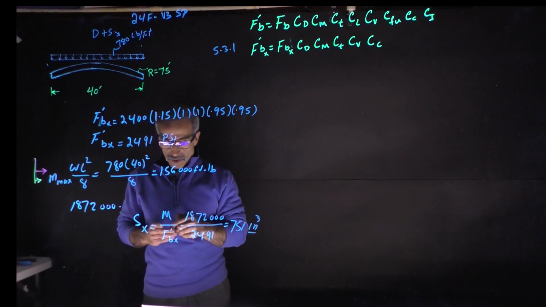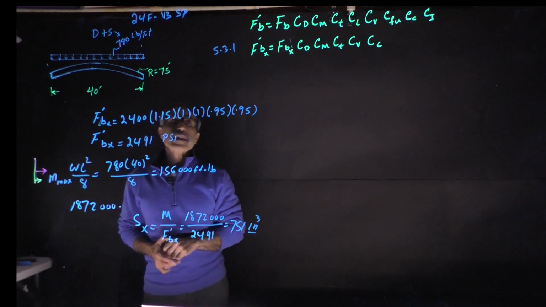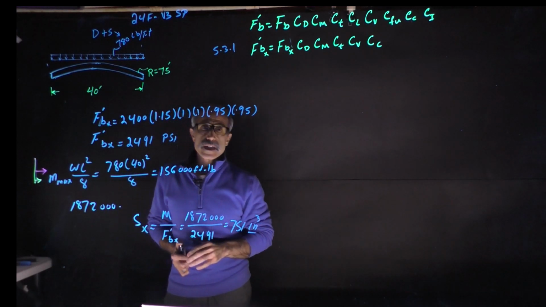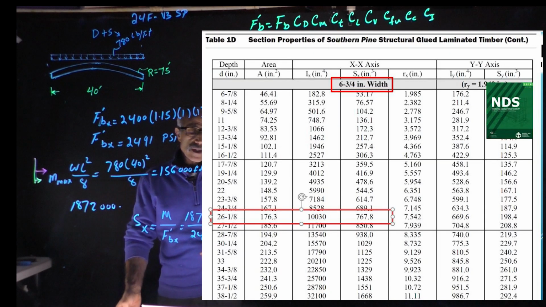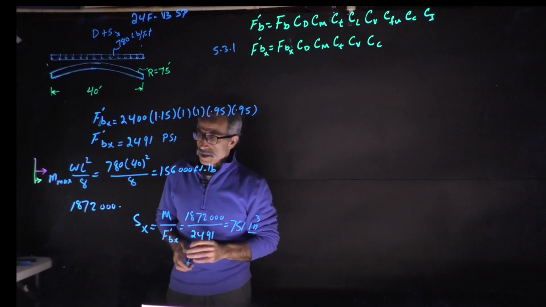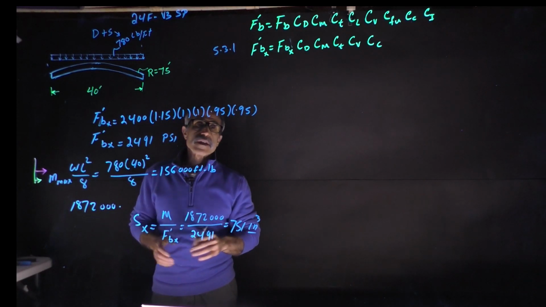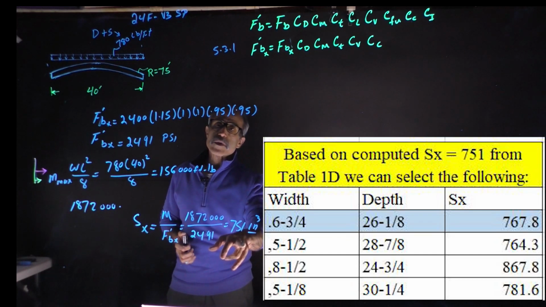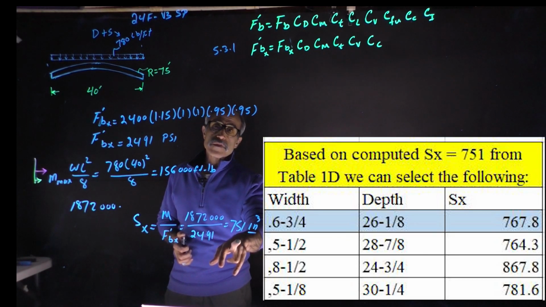Now, if I go into table 1D and 1C, from those tables I can find the section modulus and size my beam. And of course, with this 751, you can find a variety of sizes that will fit.